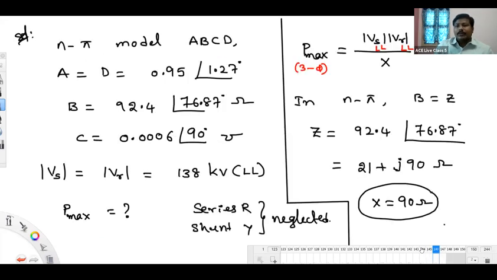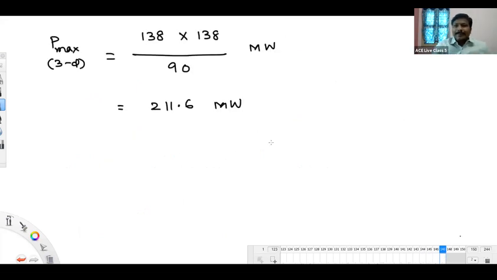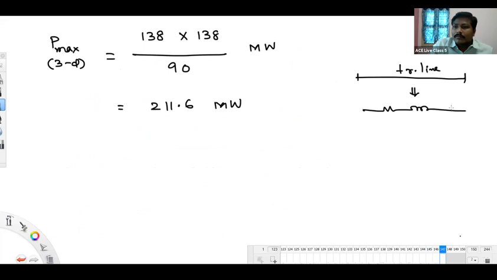Okay. So look at my question now. Listen kindly. We have a transmission line outside, something like this. This we have represented in a pi model, like this.